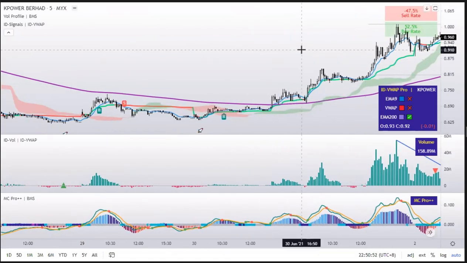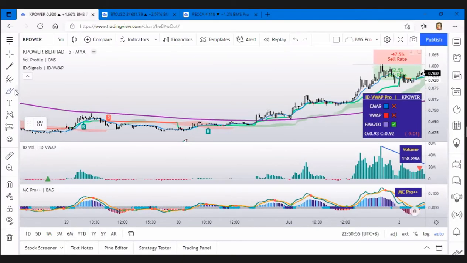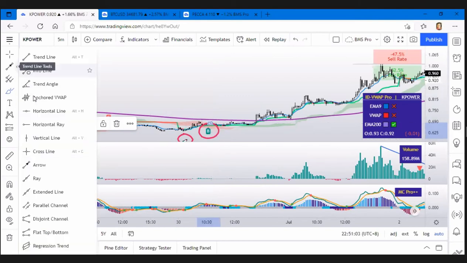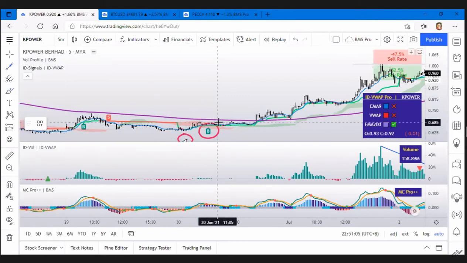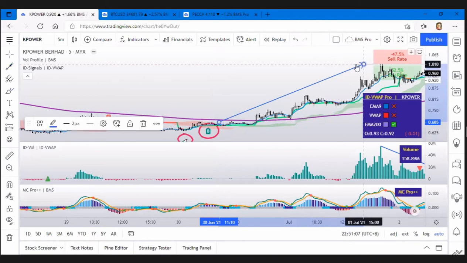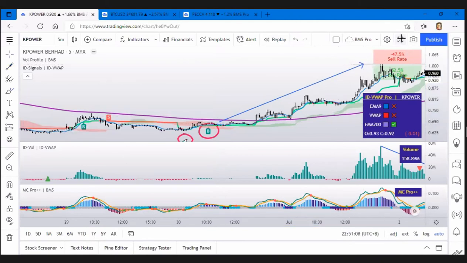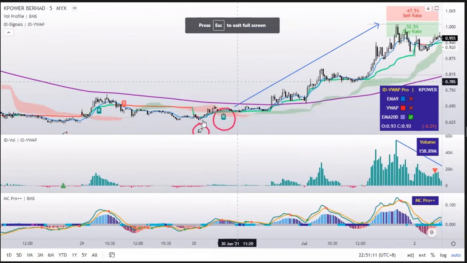Okay, again, how to use this indicator? Rocket, and then buy signal. Okay, and then the price starts to rally up. As simple as that. At first we see a rocket here.